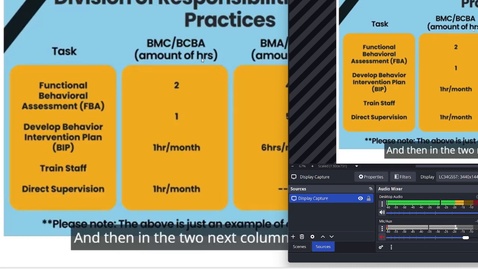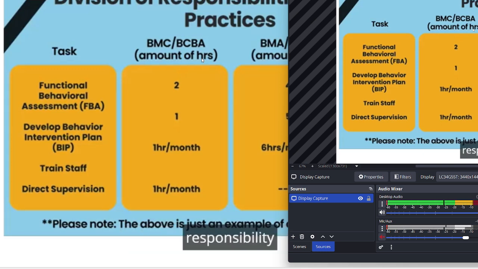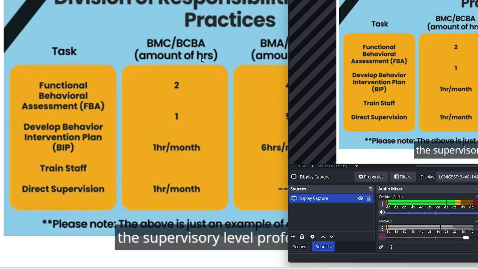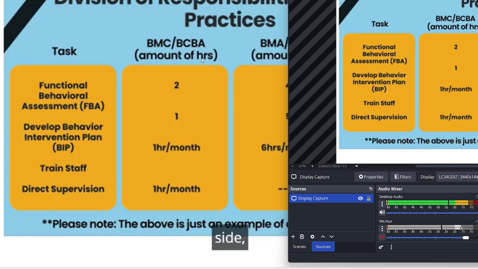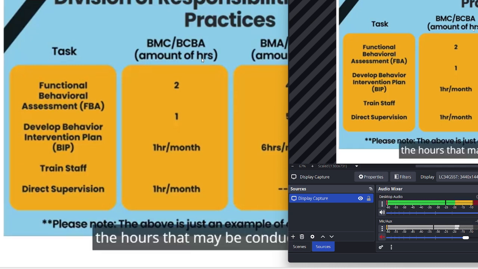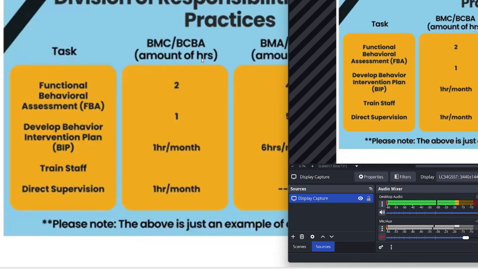And then in the next columns, you see how this may look for the division of responsibility across the supervisory level professional, and then in the next column on the right-hand side, the hours that may be conducted by that bachelor's level staff. And then on the far right, what the total hours are.